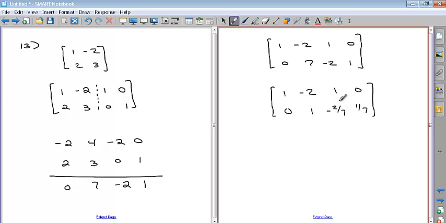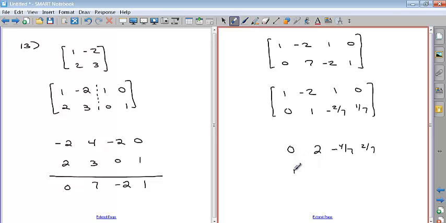So I'm going to take the second row and multiply by 2, which will then add. So you get 2 times 1 is 2, 2 times -2/7 is -4/7, and 2 times 1/7 is 2/7.